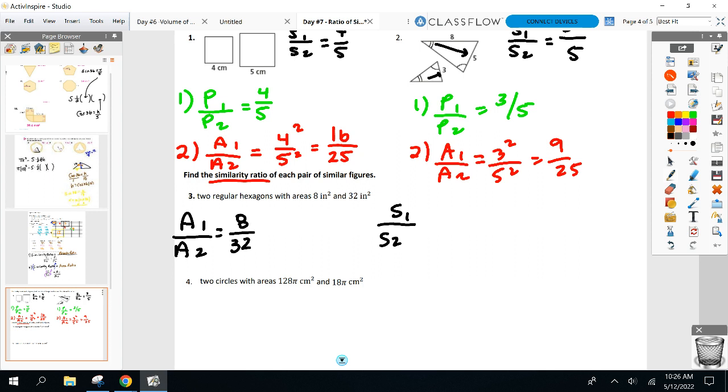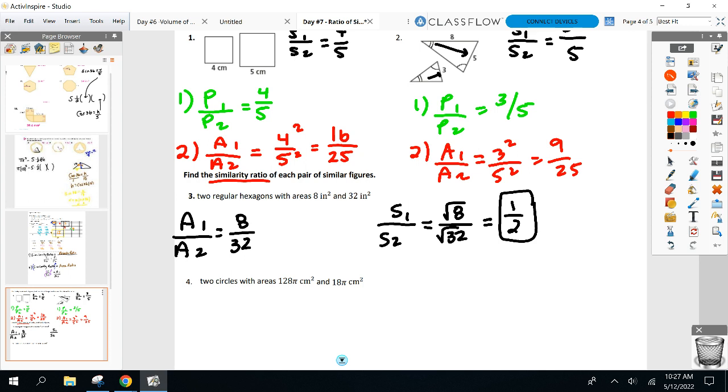Square root of 8 over square root of 32. Should come out to be a nice fraction for you. What is it? 1/2. Yep.